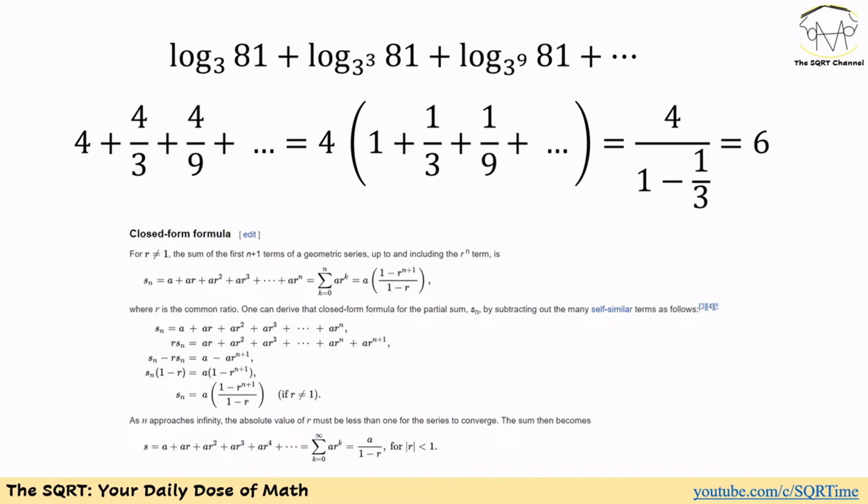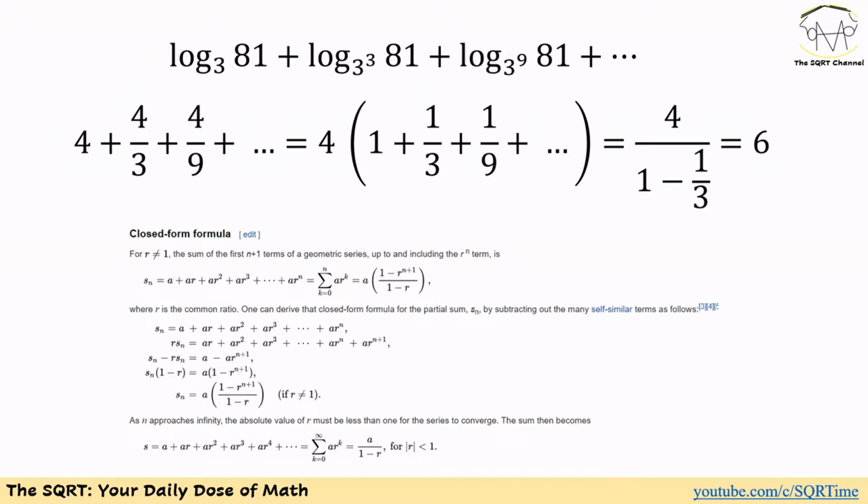Here the first term is 1, so at the end we have 1 over 1 minus r, and r is 1 over 3, so at the end we have 1 over 1 minus 1 over 3, and then we need to multiply by 4, and the final answer is 6.